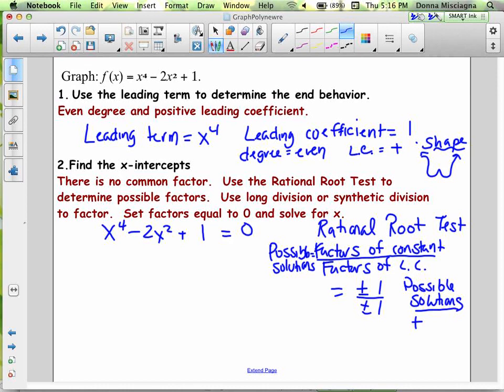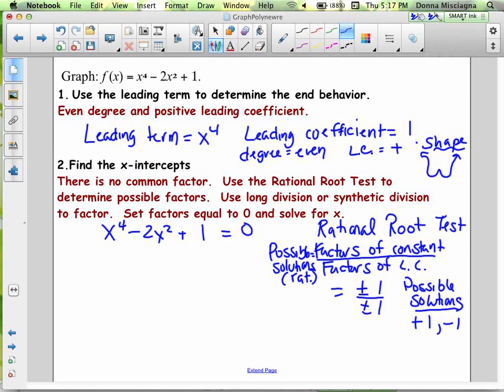When I say solutions, what I do mean is our only possible rational solutions. We're not going to be able to find irrational solutions using synthetic division, not at least until we get it to something that's factorable. So the only choices are positive 1 and negative 1. That's it. Not a whole lot of choices here on the synthetic division.